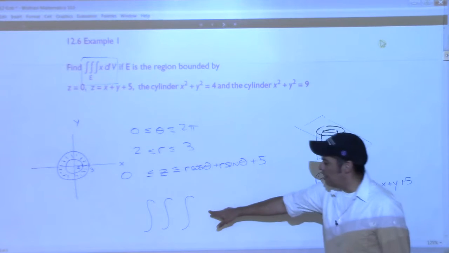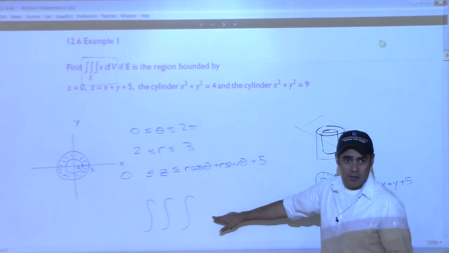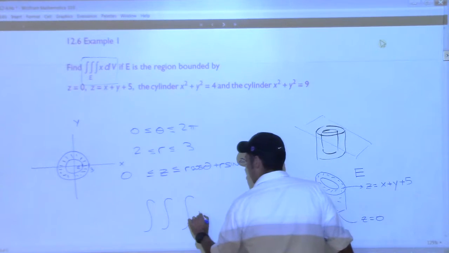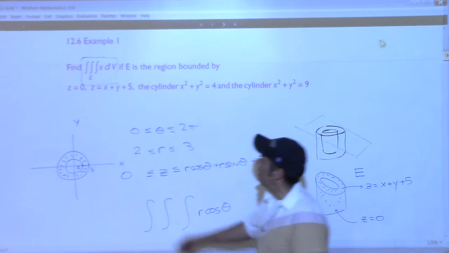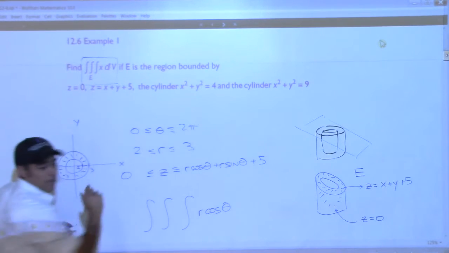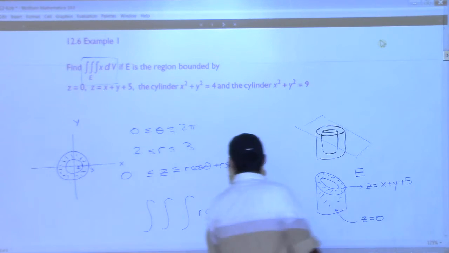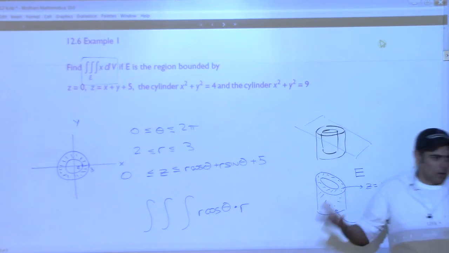What are we actually integrating? What's in here? X, but we've gone to polar, cylindrical, so really this should be r cosine theta, right? That should be x. And then what? Times r, right? Times r. So we have to multiply by r because we went to polar, we're in cylindrical.